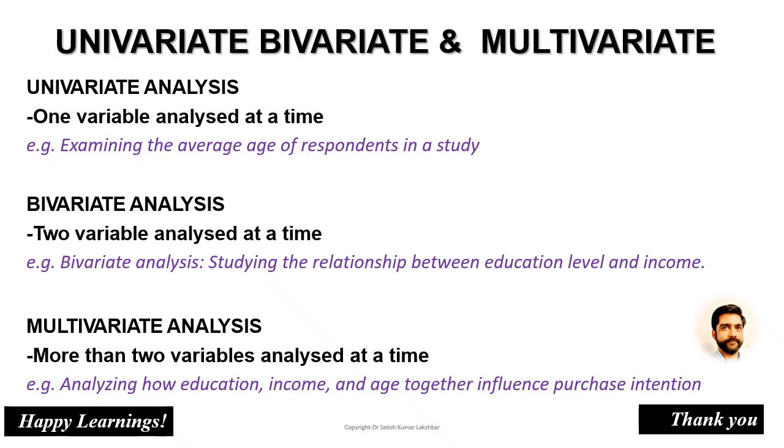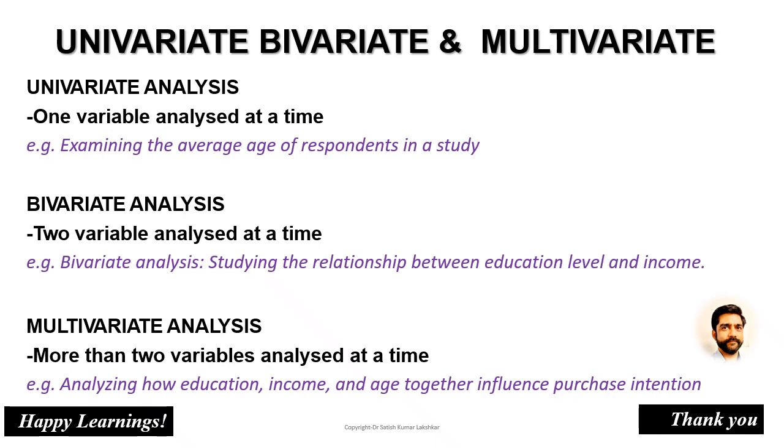Now, if we talk about bivariate, the term bivariate indicates two variables. So two variables are analyzed at a time. For example, studying the relationship between education level and income. In this case, there are two variables: one is education level, the second one is income. And if we talk about multivariate analysis, then more than two variables are analyzed at a time.